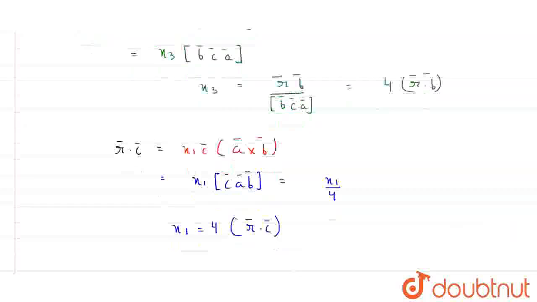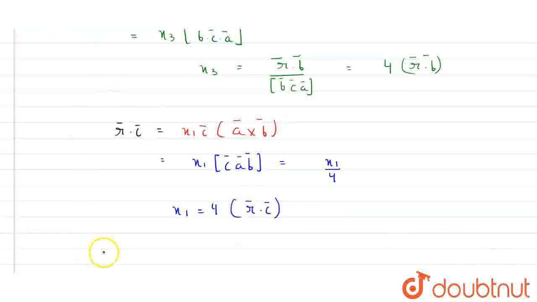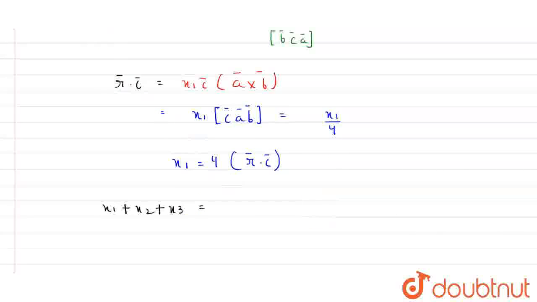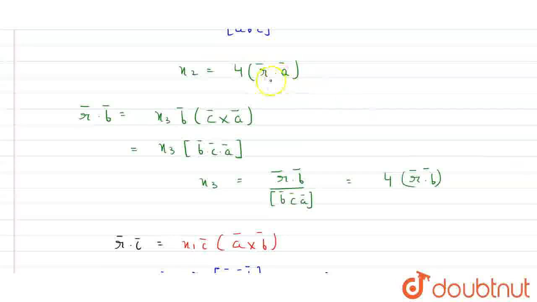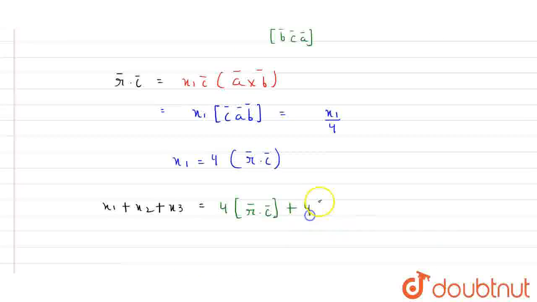Now it is asked in the question that we have to find the value of x1 plus x2 plus x3. Okay, now we have the values of x1, x2 and x3. Let's substitute the values. Here the x1 value is 4 times r dot c. The x2 value, look, we have got 4 times r dot a, and the x3 value is 4 times r dot b.